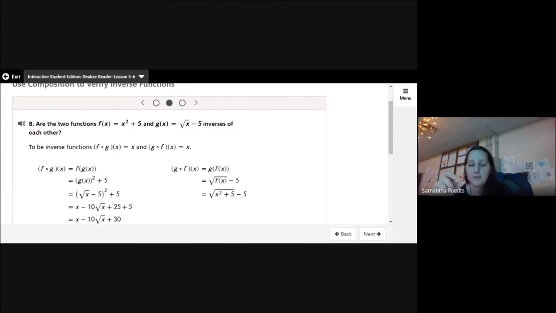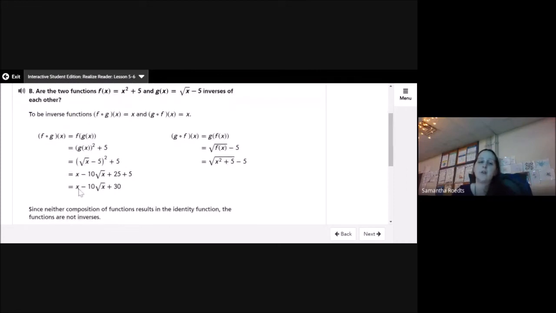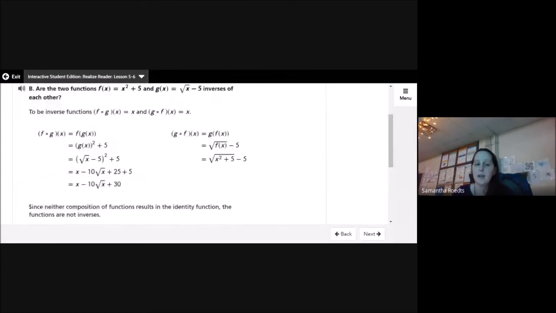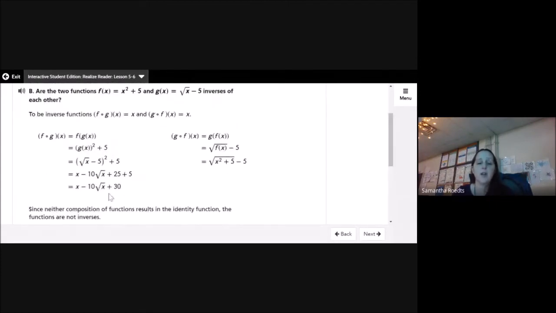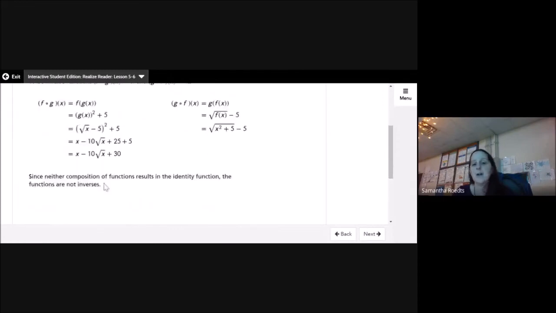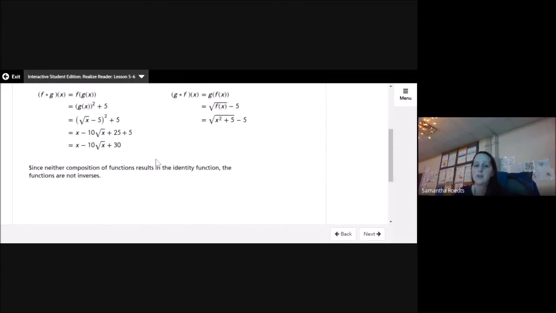So the square root of x minus 5, squared, plus 5, which gives me x minus 10 times the square root of x plus 25, plus 5, which gives me x minus 10 times the square root of x plus 30. This tells me right then and there that they can't be inverse functions of each other because they don't equal x. Since neither composition of functions results in the identity function, the functions are not inverses.